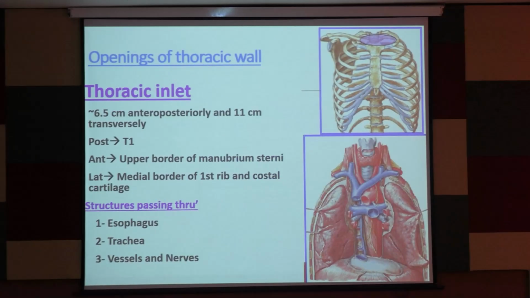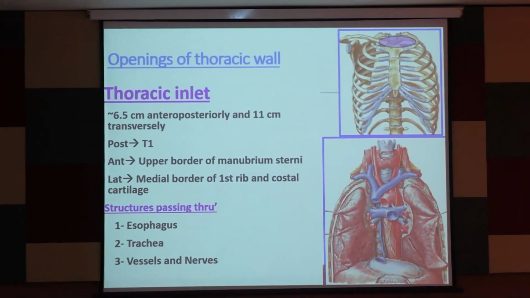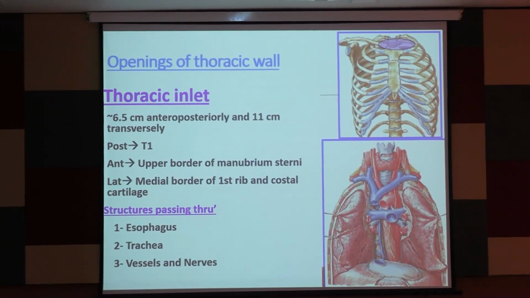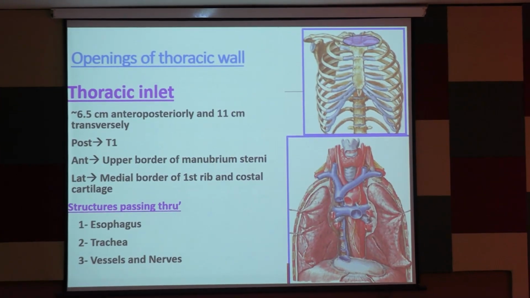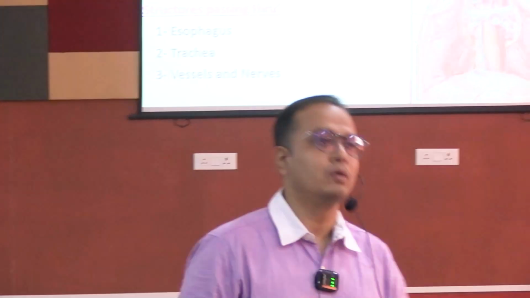What do you mean by superior thoracic aperture or thoracic inlet, and the inferior thoracic aperture, also known as thoracic outlet, and their boundaries, because they are your exam questions, or sometimes they ask you to give a short note about thoracic inlet and thoracic outlet, right?